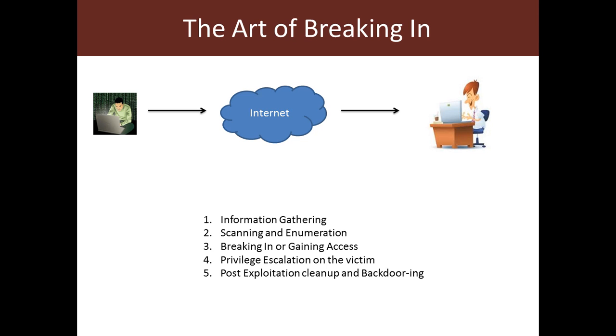Then finally, you would go ahead and do whatever you planned for in the post-exploitation phase, which is you might want to just do a proof of concept of stealing some data. You might maybe want to clean up by deleting the logs, backdooring the system, put rootkits and whatnot, right? Then you might even choose to use the system as a pivot to break further into the network.